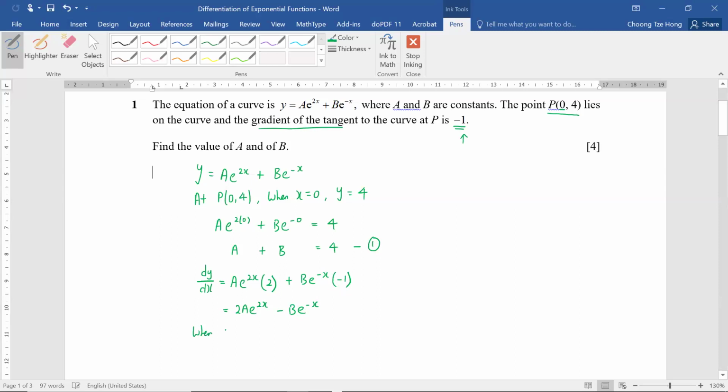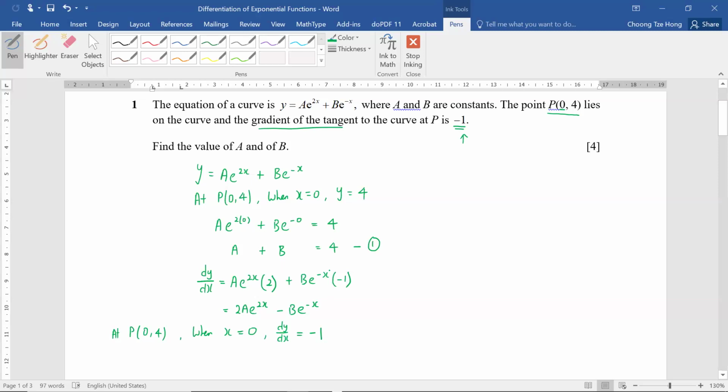So at the point P(0,4), when x equals 0, dy/dx equals negative 1.